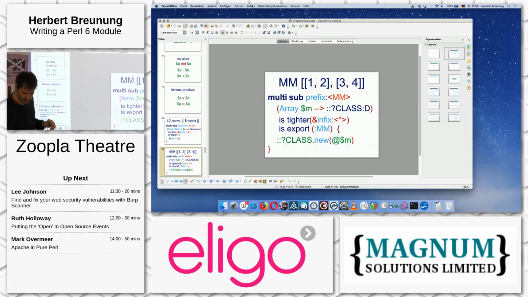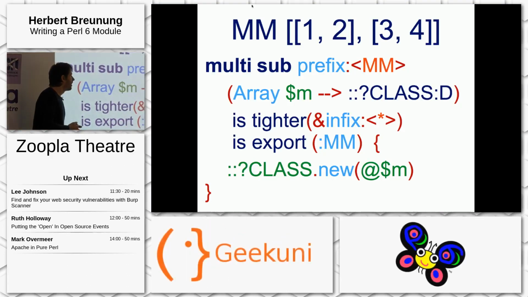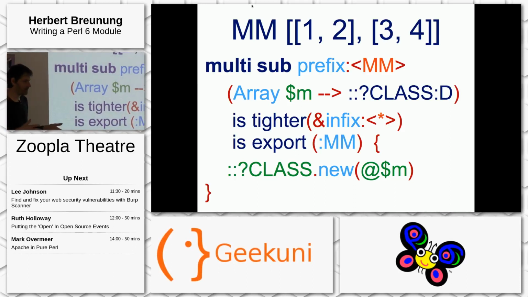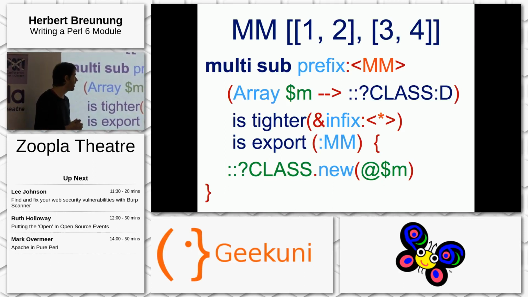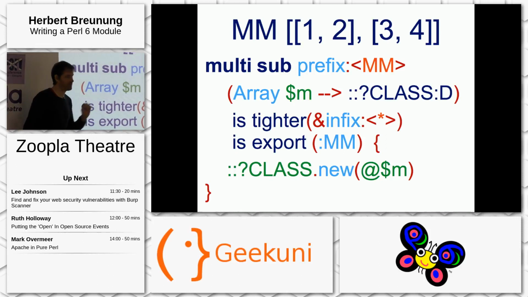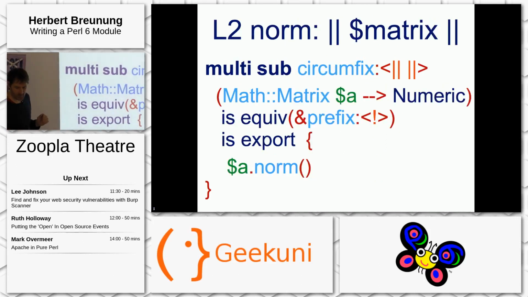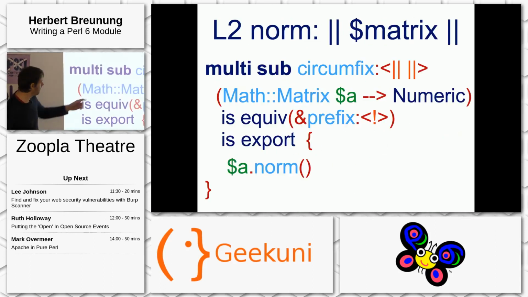Let's say it's the last thing, to stop on time. All the previous operators just come with it. They are there when you just say use Math::Matrix. This one operator is different because we have signature overloading. This norm works just on Math::Matrix, so I don't step on anyone's toes.